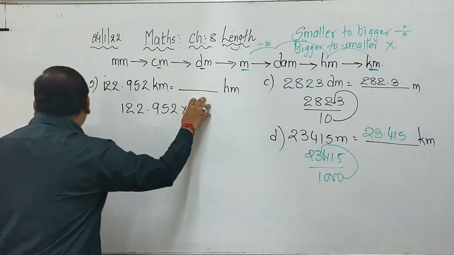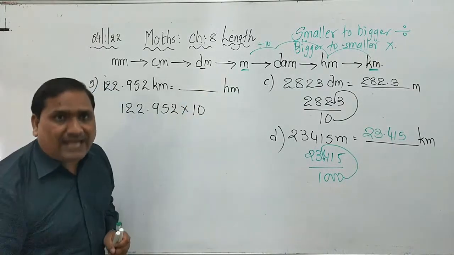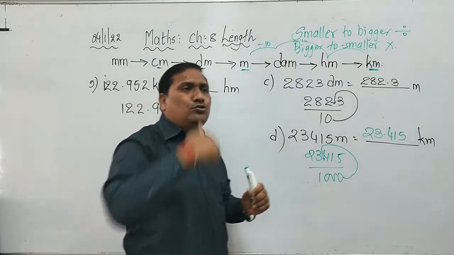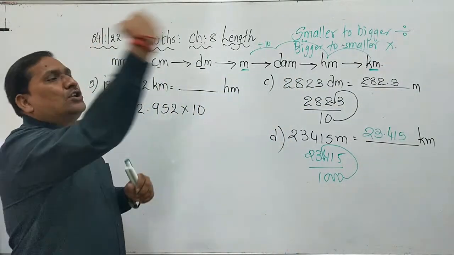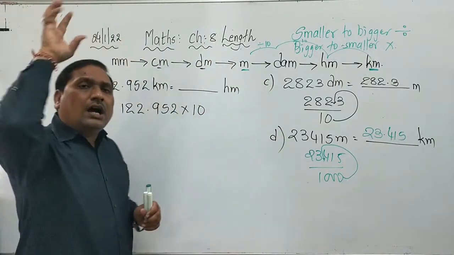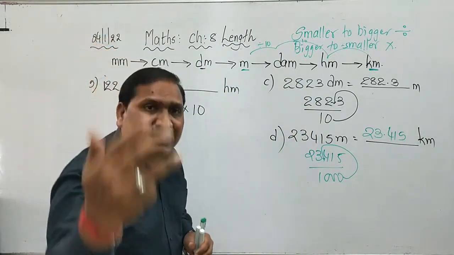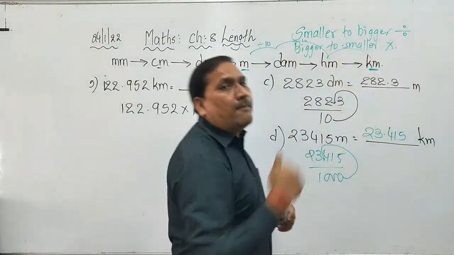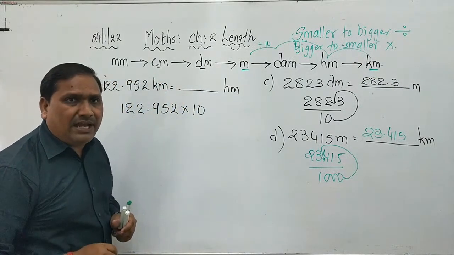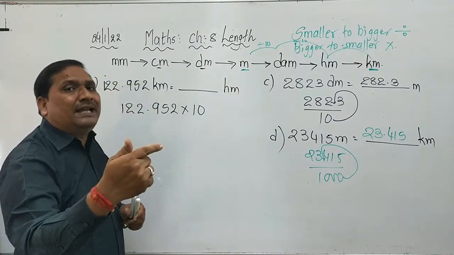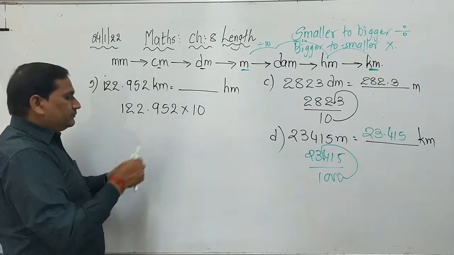So here it is multiplication, and by 10. So how many digits do I have to jump towards my right hand side? If there is one zero, jump one digit. If there are two zeros, I have to jump 2 digits. If 3 zeros are there, I have to jump 3 digits. So over here, only 1 zero is available. So I have to jump a single digit.